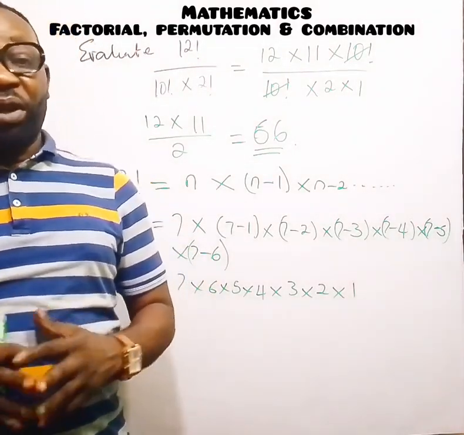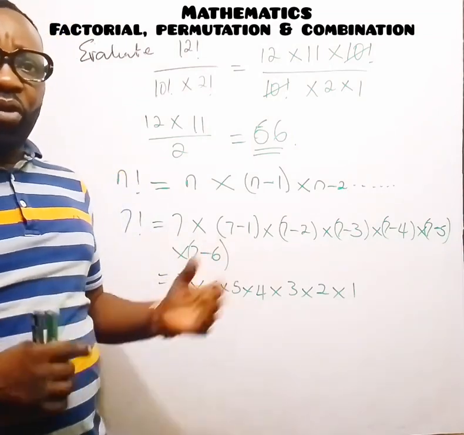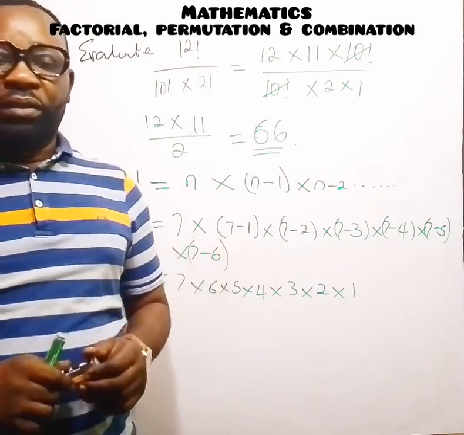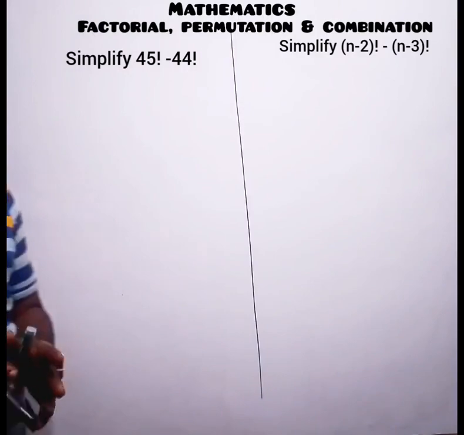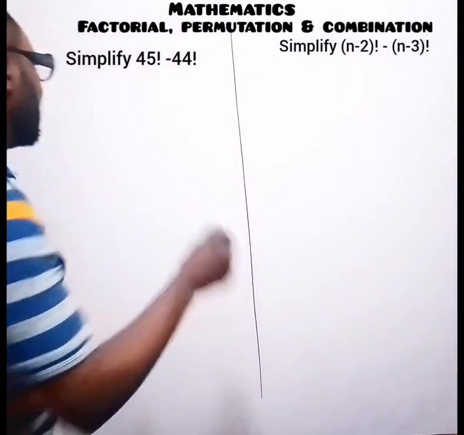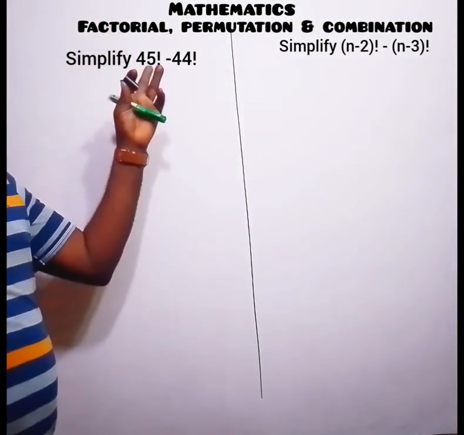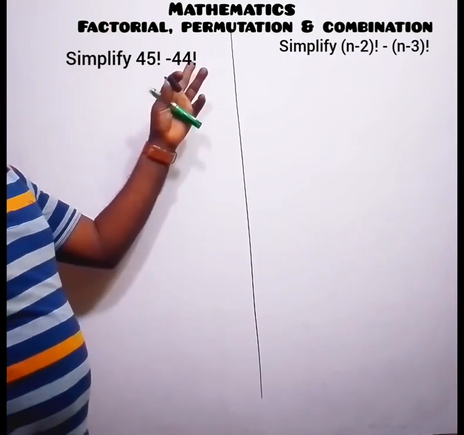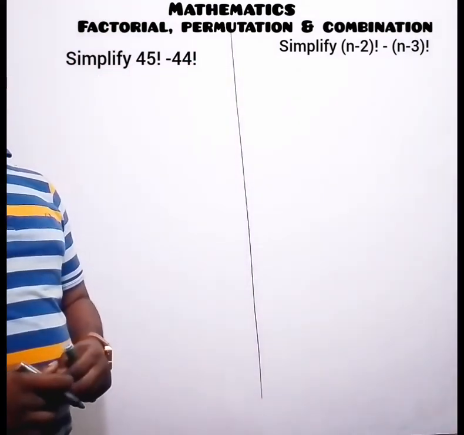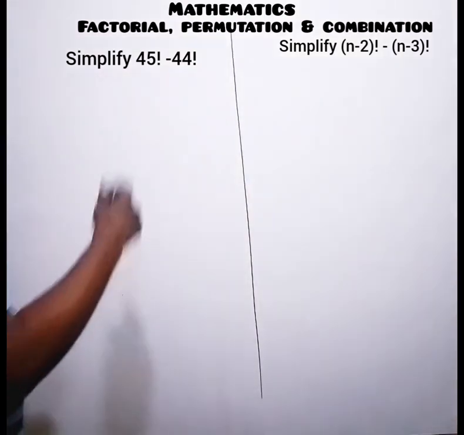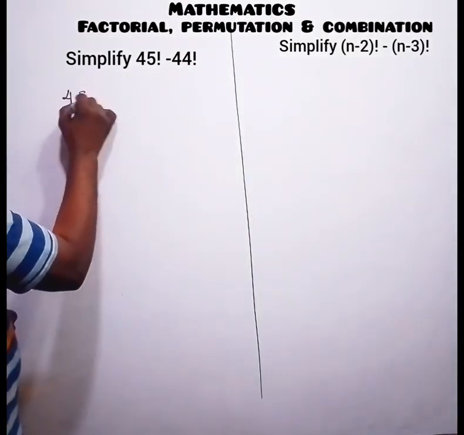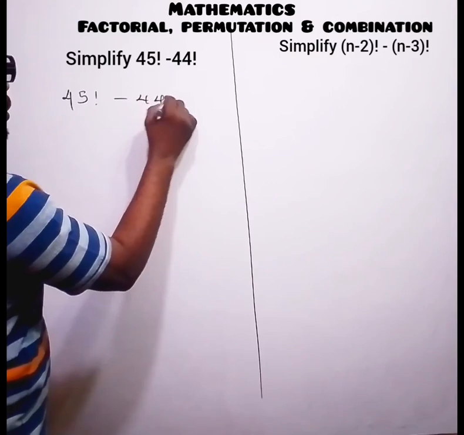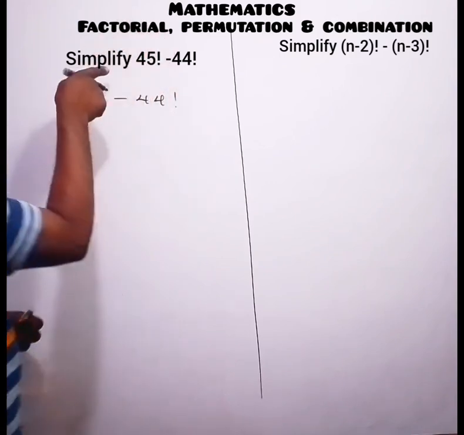In this factorial, we are going to have some questions to solve. The next question says 45 factorial minus 44 factorial. We are asked to simplify it. Now we have 45 factorial minus 44 factorial as stated here.